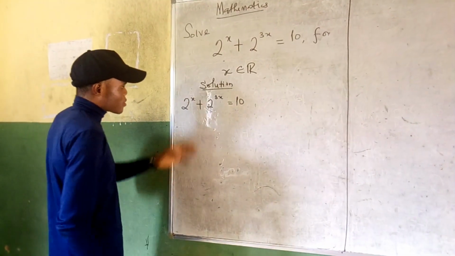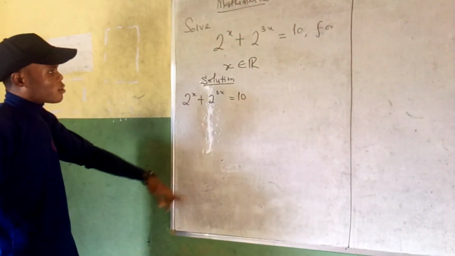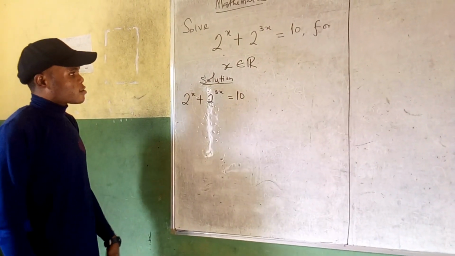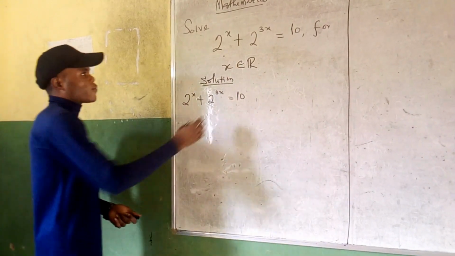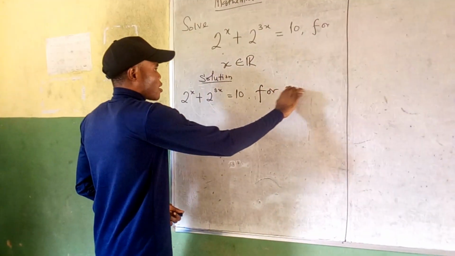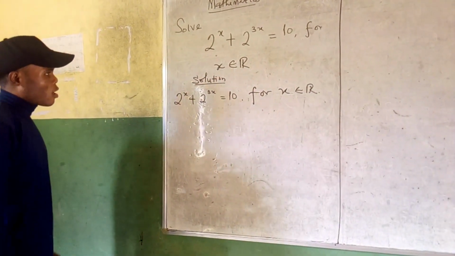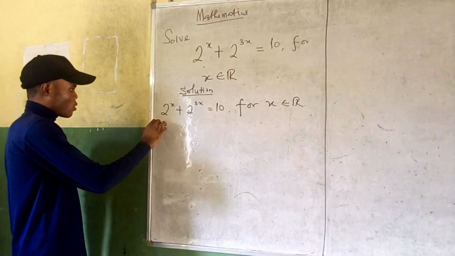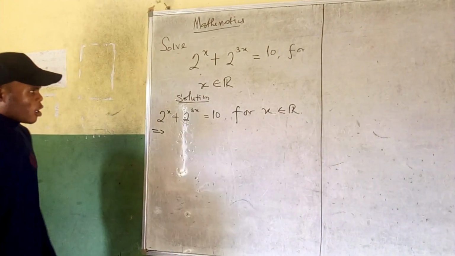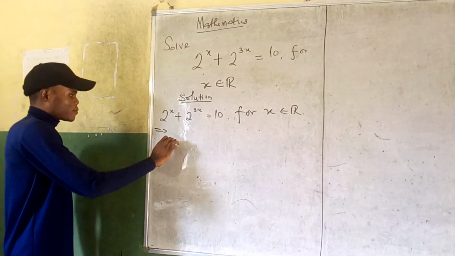2 to the power of x plus 2 to the power of 3x equals 10, for x an element of the real numbers. How do we solve this problem? Alright, we need to recall something here.